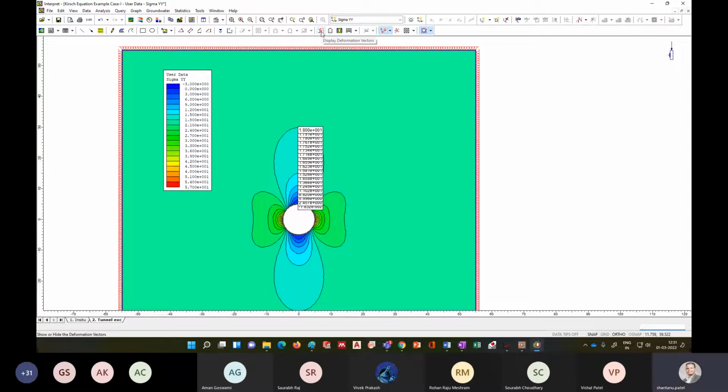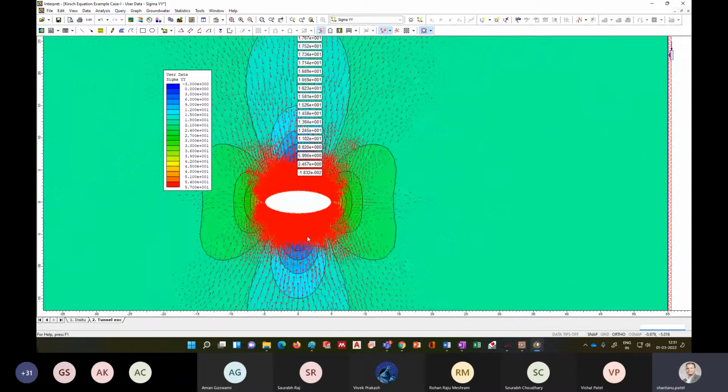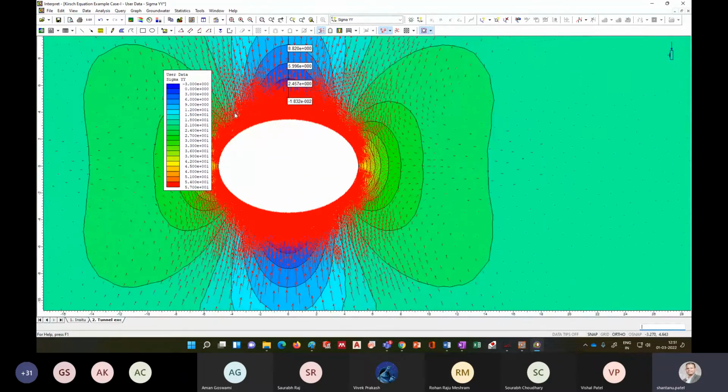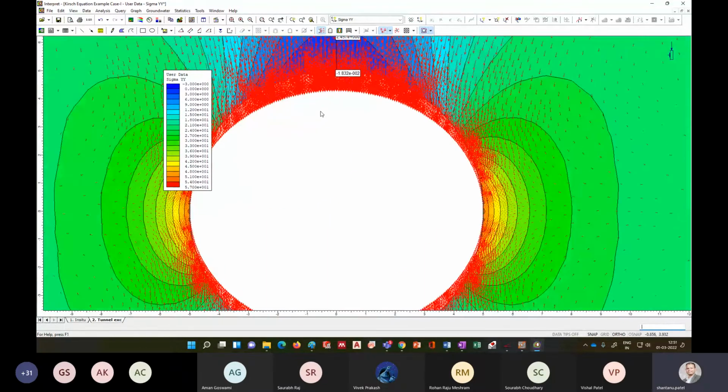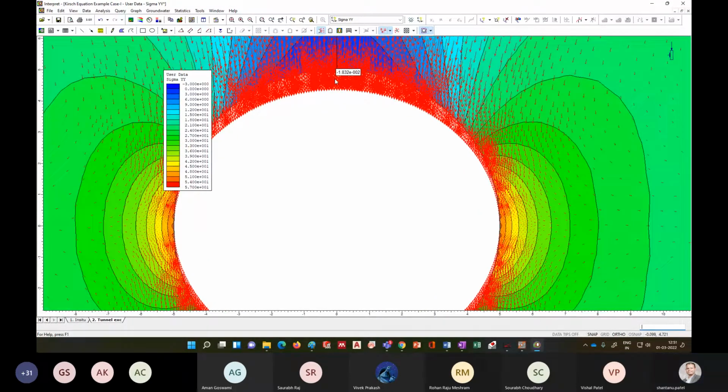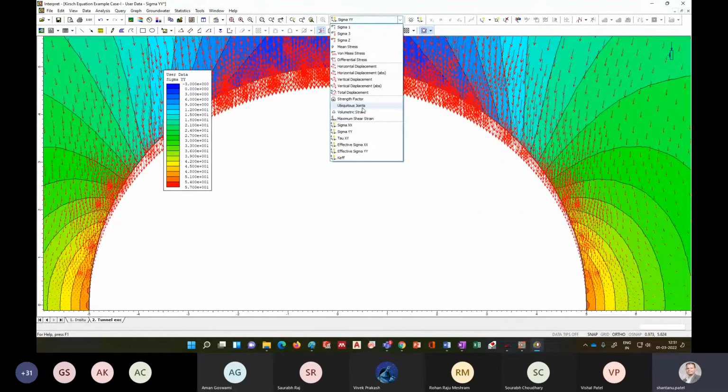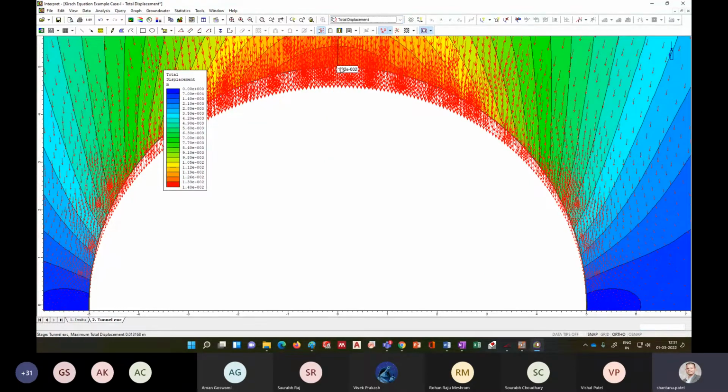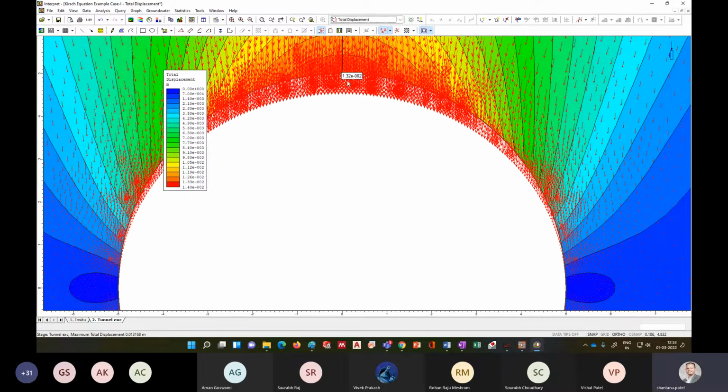Let's say the displacement. When you apply this boundary condition, you can see how the tunnel boundary is displacing. If you see the total displacement contour here, you can see this is 1.32 into 10 to the power minus 2 meter. Okay, so this is the displacement.